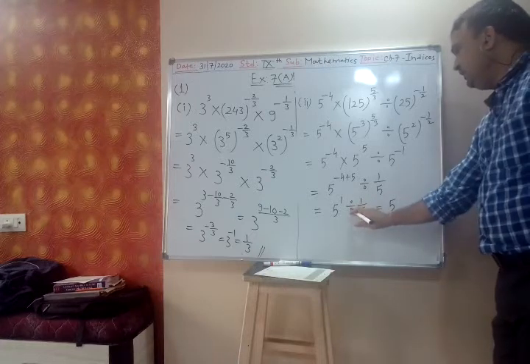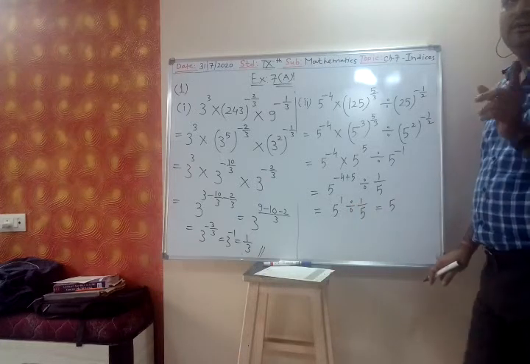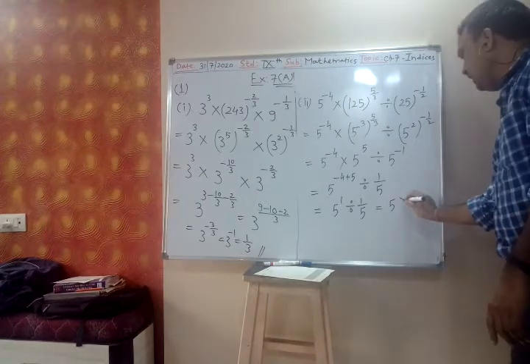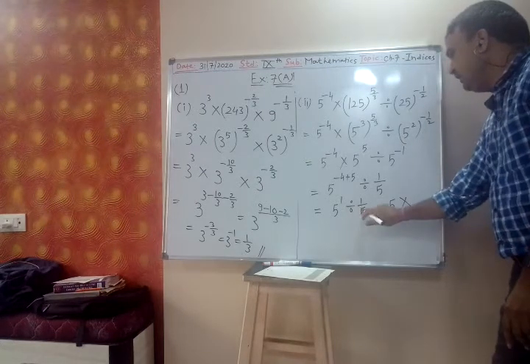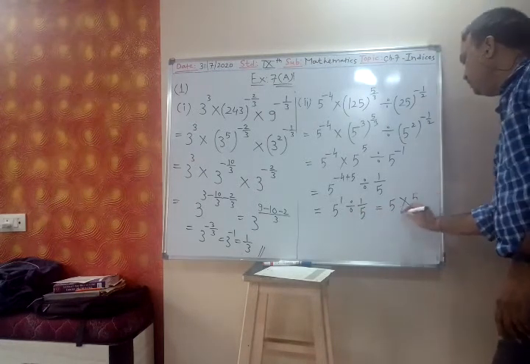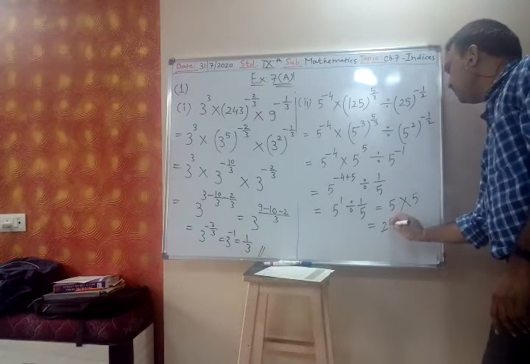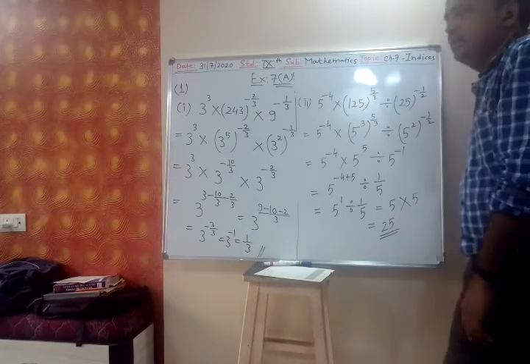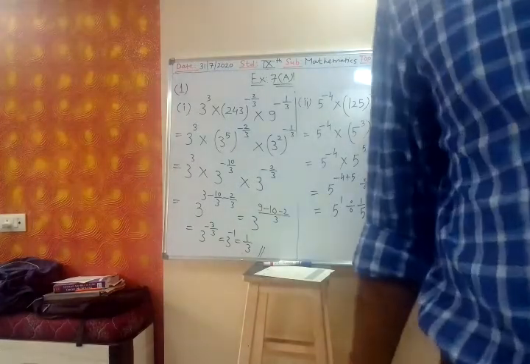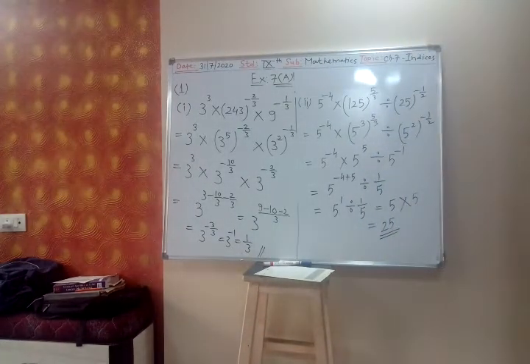Division I can convert to multiplication by taking the reciprocal. So 5 into 5, the answer is 25.